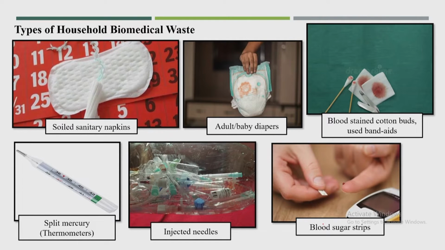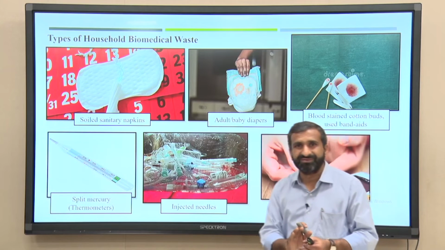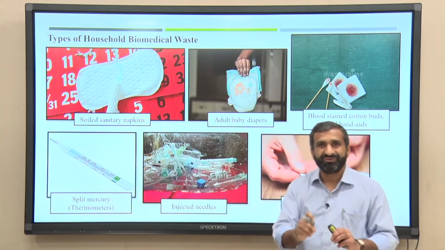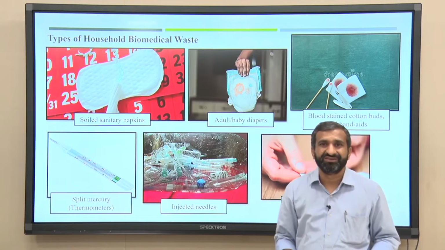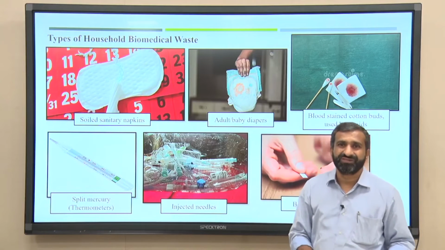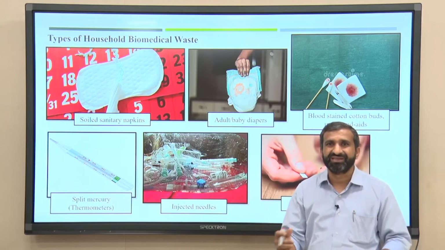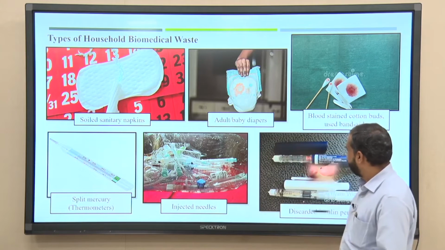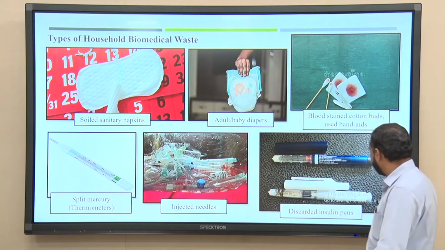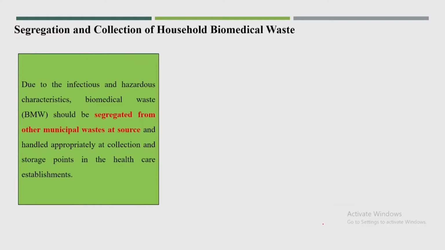Normally when you take a blood sample, we never think this could be a very hazardous kind of material, and once the blood has dried out, we simply dispose of it into a plastic bag or it gets mixed into the household waste, without thinking that this blood could create further issues. Also discarded insulins. Okay.